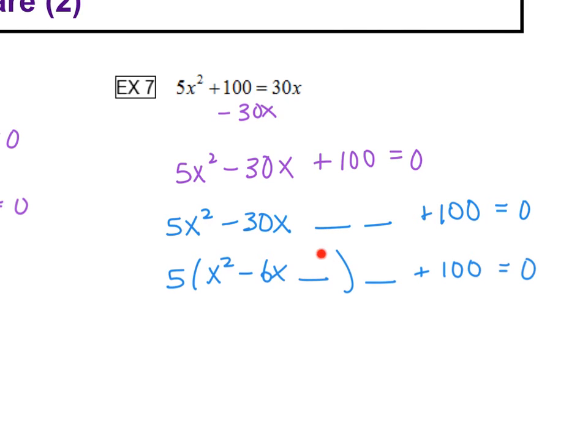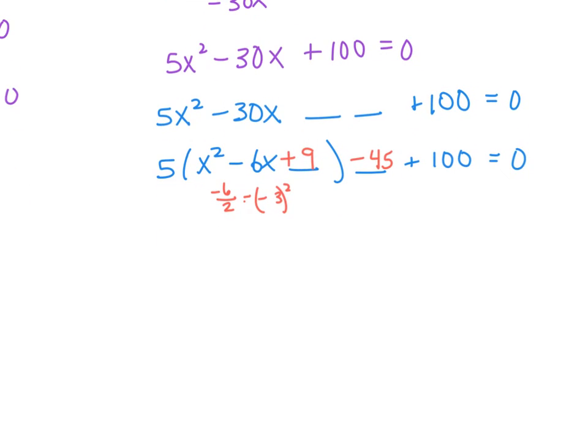So, to figure out what magic number goes here, all we do is we take our b value, negative 6, divided by 2 is negative 3, and we square that to get a positive 9. Now remember, I can't write a minus 9 right here because technically I am putting in a value of 45, because that 5 could get multiplied through with that 9. So I'm going to subtract 45.